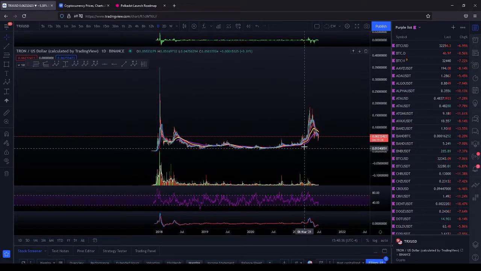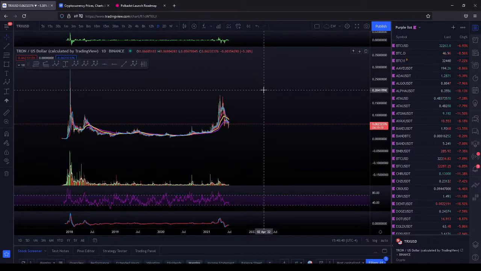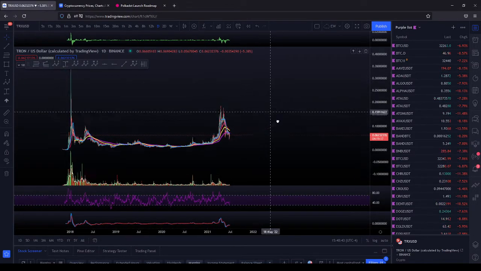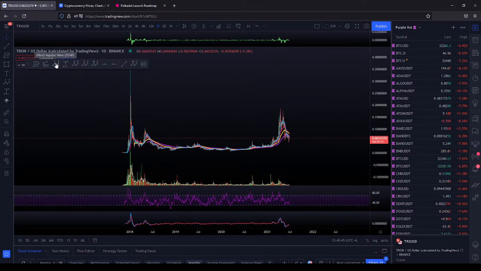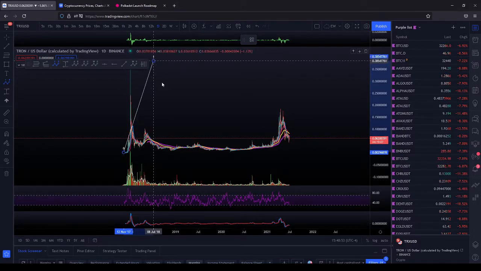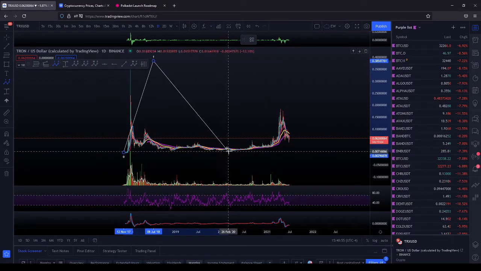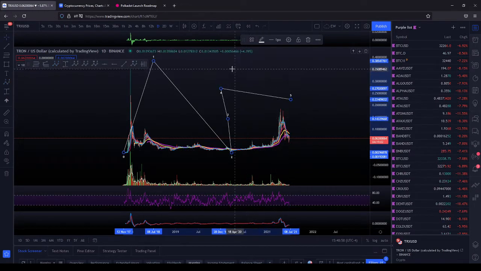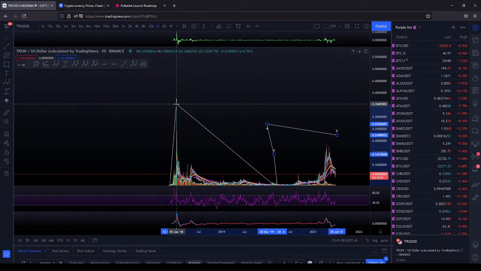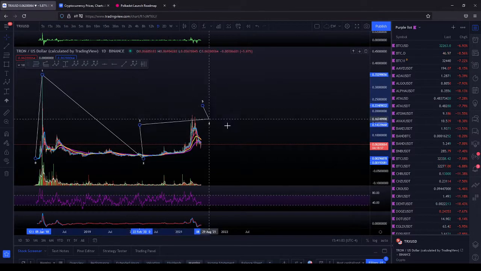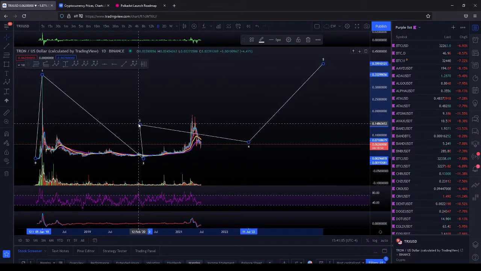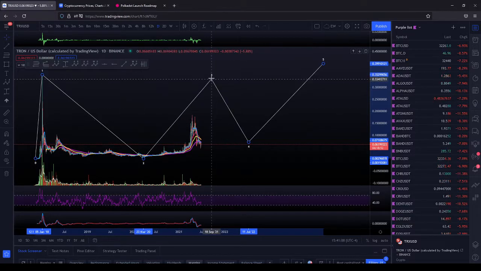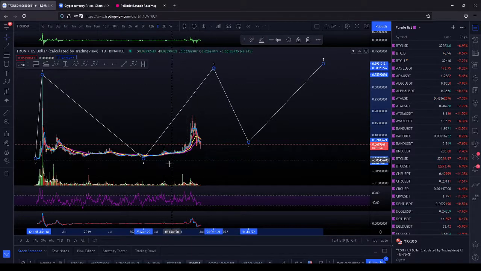1, 2. So this is probably wave 1 of wave 3 right here. That's not going to be very nice. It's going to be another diagonal.